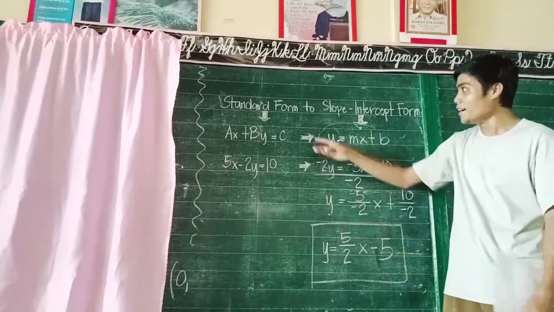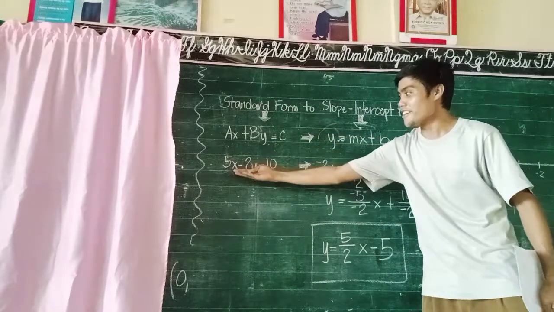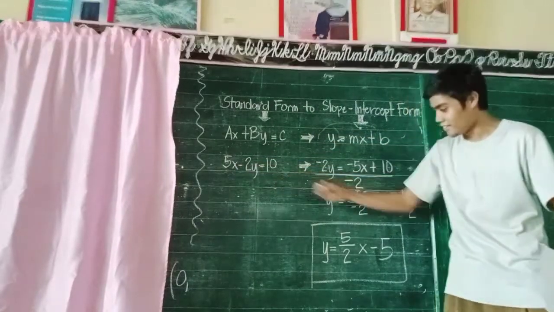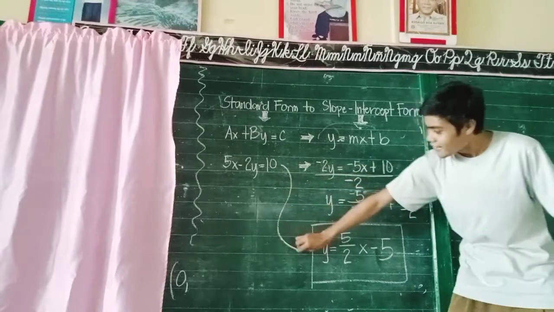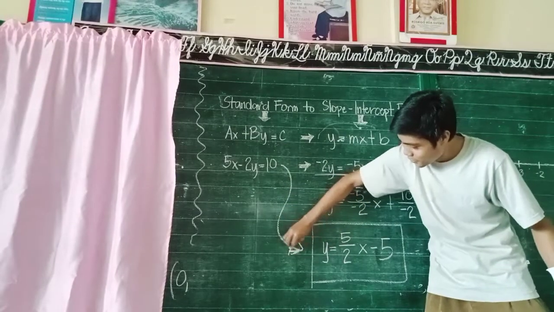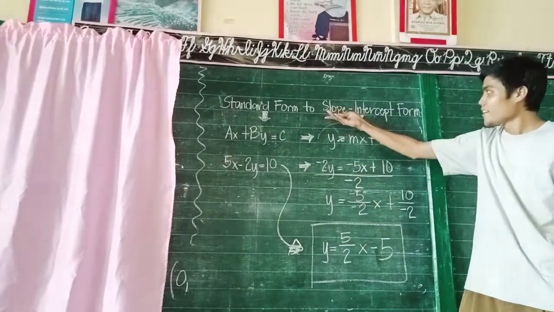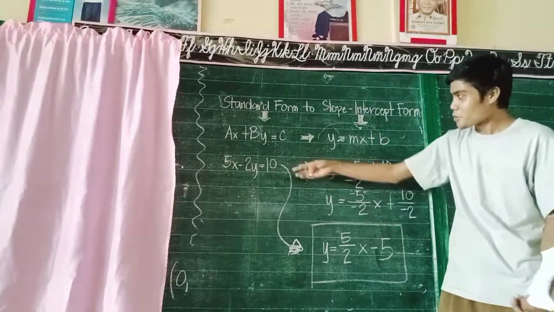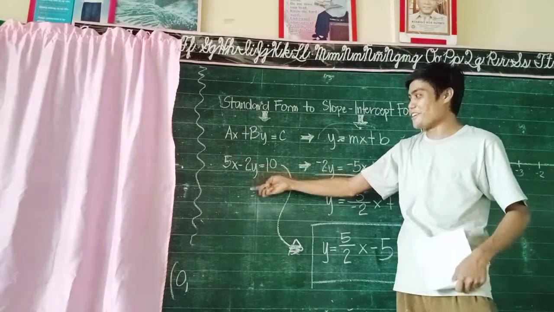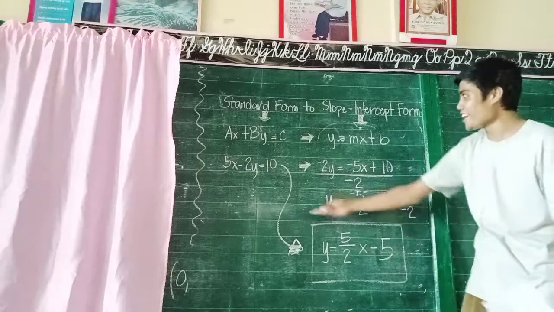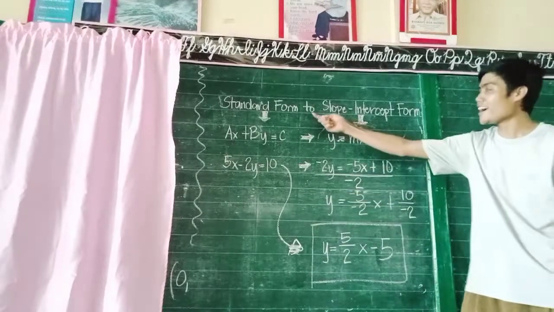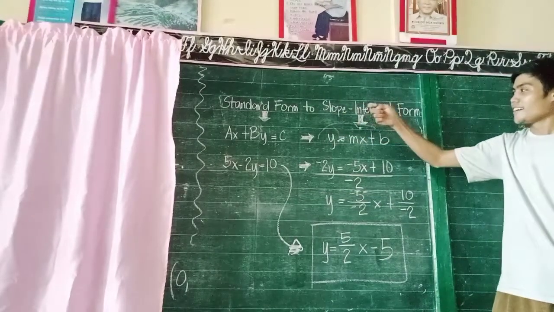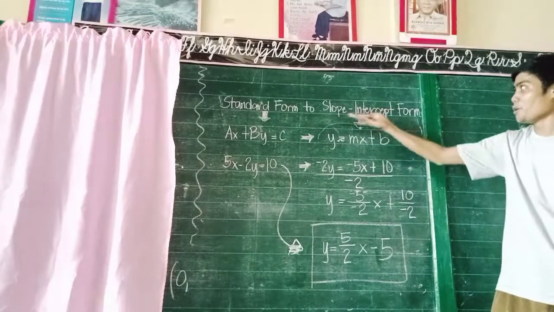So our standard form 5x minus 2y is equal to 10, we transform into slope-intercept form.